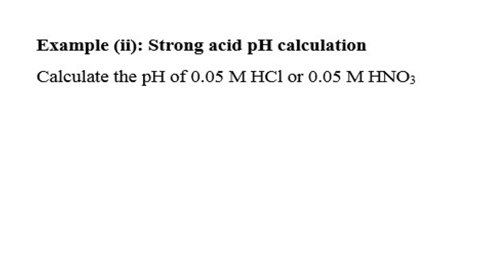Here we are asked to calculate the pH of a 0.05 molar solution of HCl or 0.05 molar HNO3. The answer will just be the same because we are dealing with a strong acid.